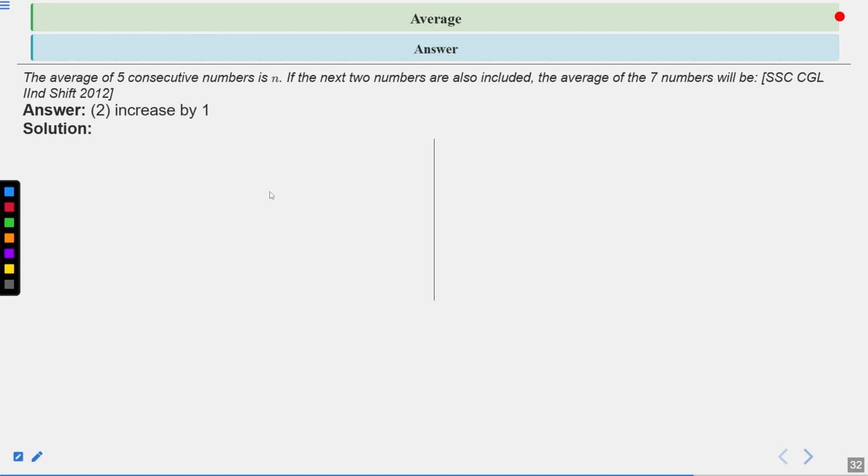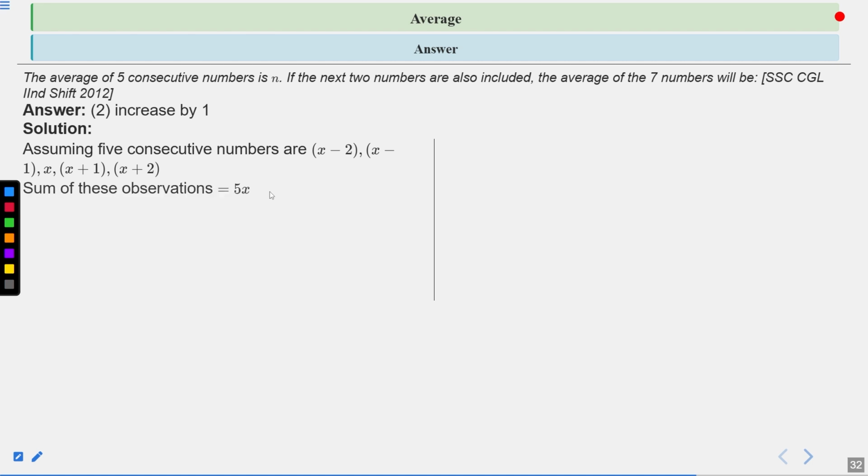Assume the 5 consecutive numbers as x minus 2, x minus 1, x, x plus 1 and x plus 2. The sum of these observations becomes 5x. According to the question, n is equal to 5x upon 5, which is equal to x. So the average of these 5 consecutive numbers is x.